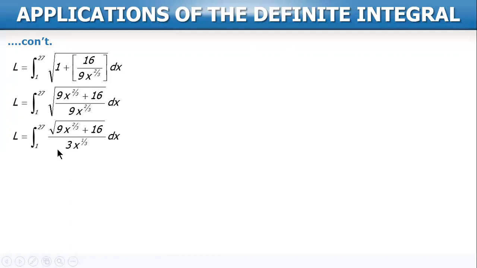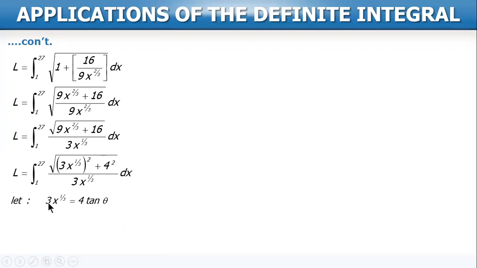Okay, tangent. So let's express the radicand as u squared plus a squared. This will be our u, and a is equal to 4. So let u equal a tangent theta.